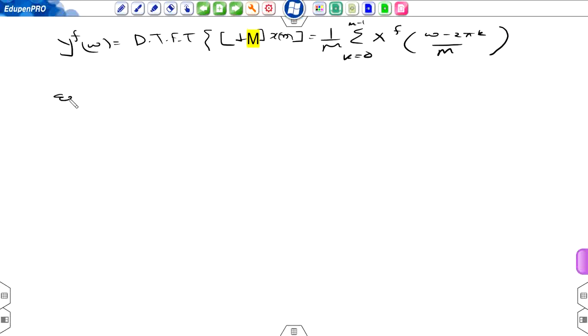Okay, so final remarks. Information is lost when a signal is downsampled.